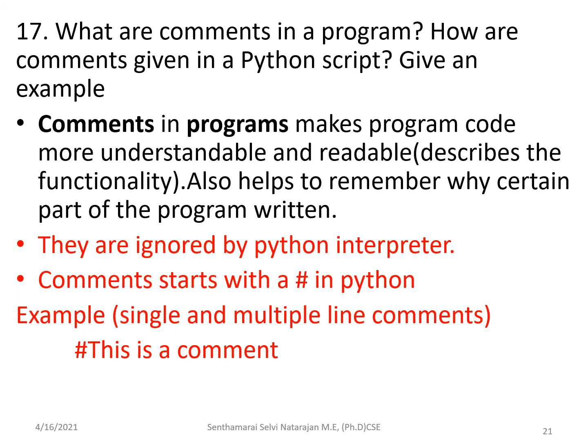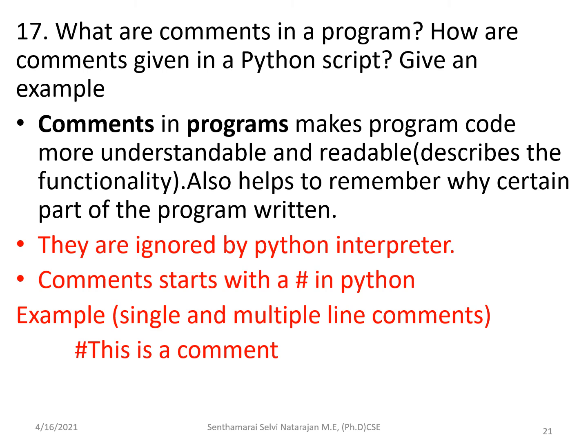Then the 17th question, they have asked about comments in Python. You know that in Python a comment can be specified with the help of a single hash symbol. When you specify the comment symbol before the line, it explains that this is a comment, and also why we need comments. Comments help us to understand the program, what the programmer is going to specify in particular lines of code.